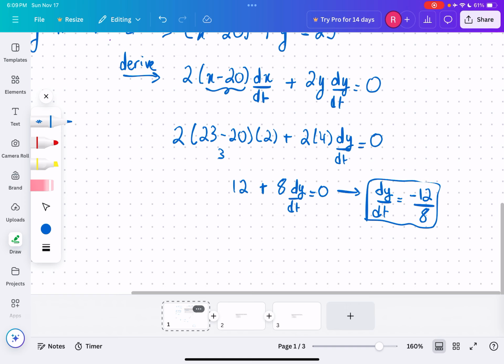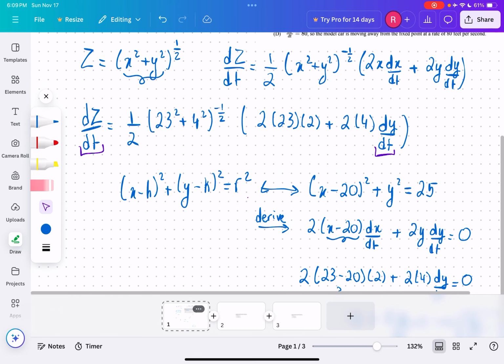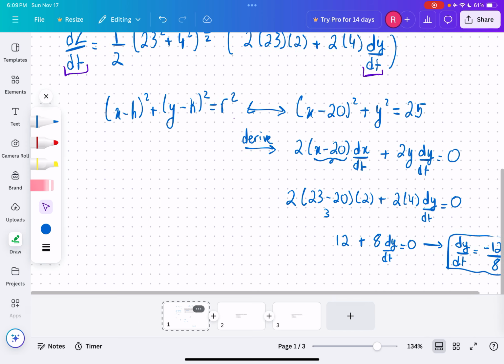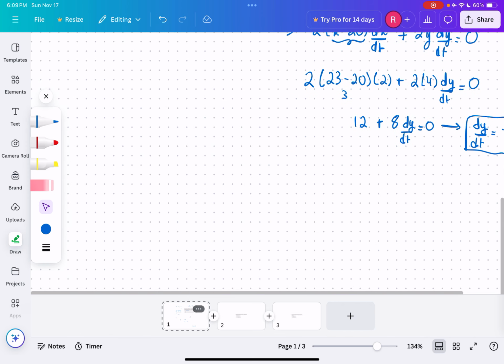Now, coming back to the original equation that we left off with the differentiation of z, we are able to replace dy over dt with negative 12 over 8. So now let's rewrite dz over dt.